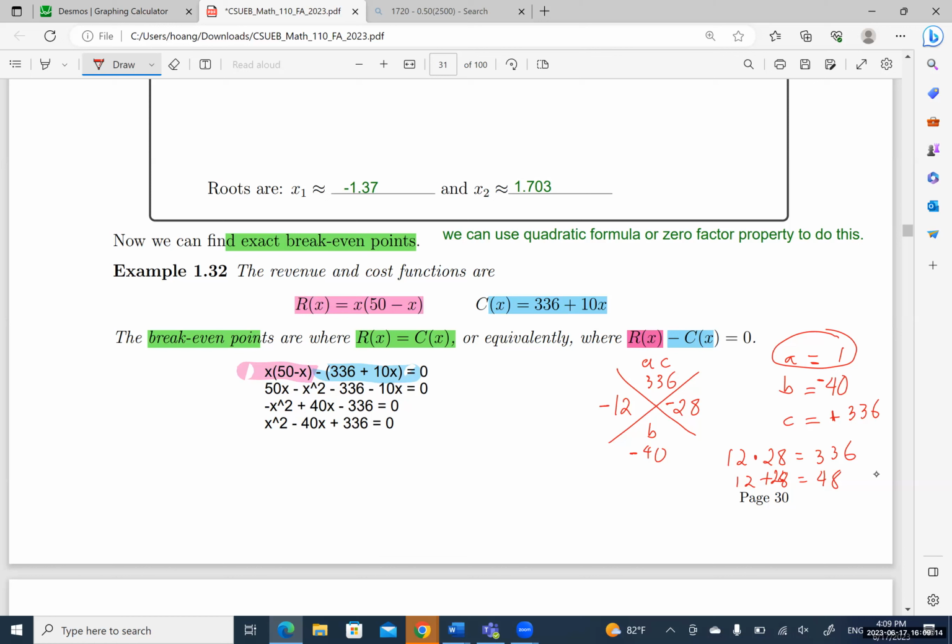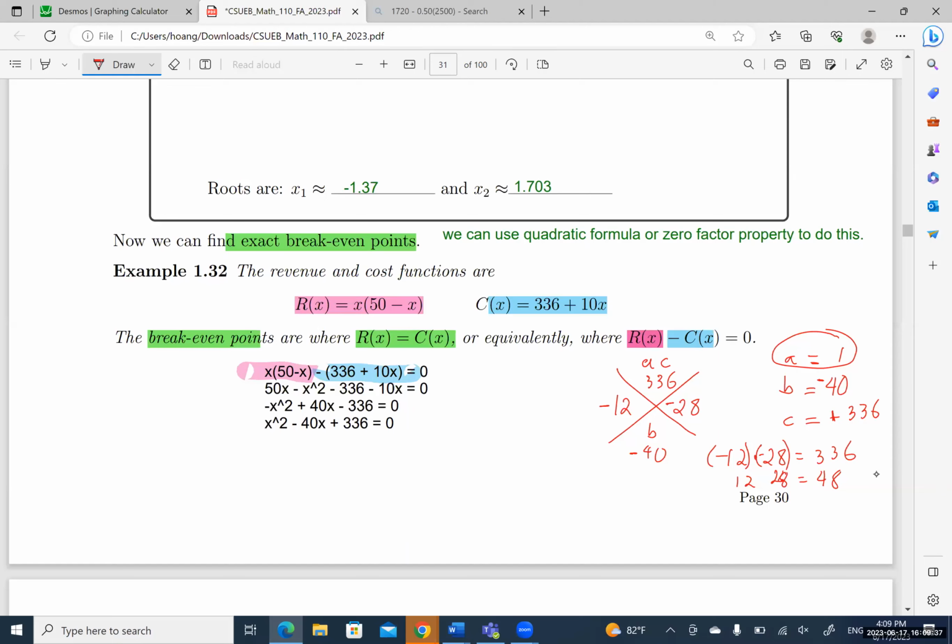So I have -12 times -28 equal to 336. And negative 12 minus 28.